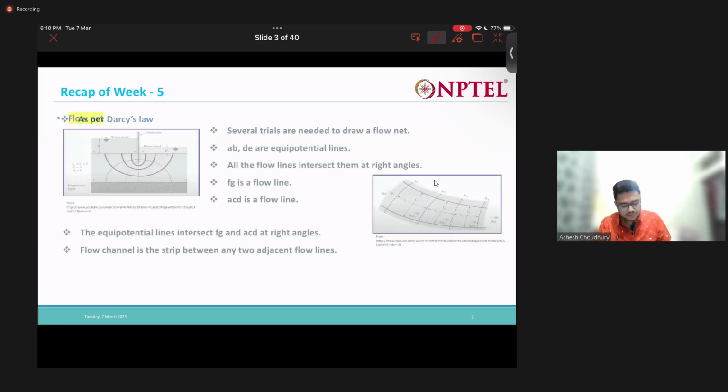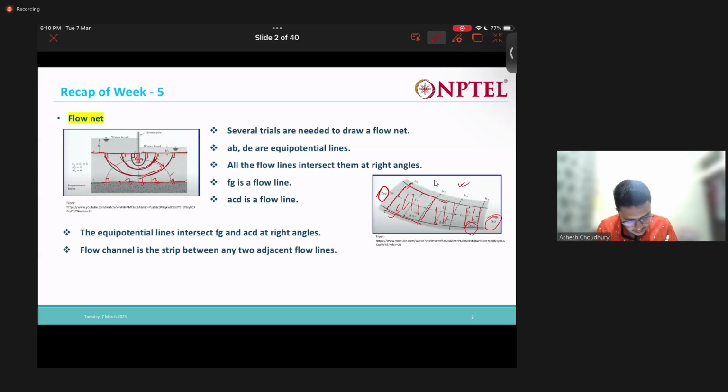Here flow is happening from higher head h1 to lower head h2, so the hydraulic gradient will be h1 minus h2 by the length. What is the length along which the flow is occurring? It's nothing but L1. And we are considering unit cross-sectional area along the out of plane direction.